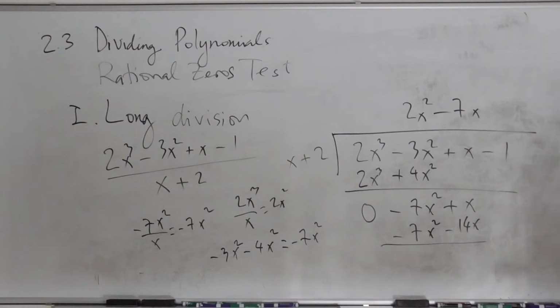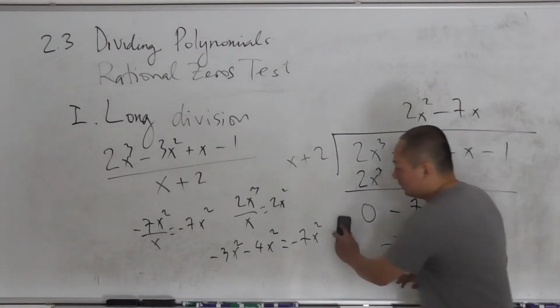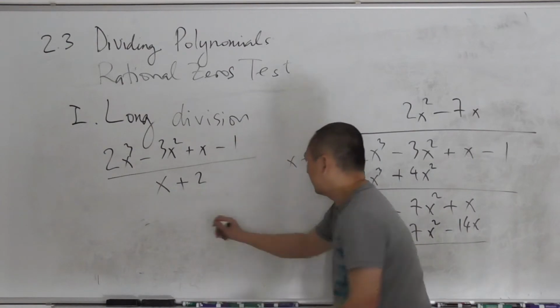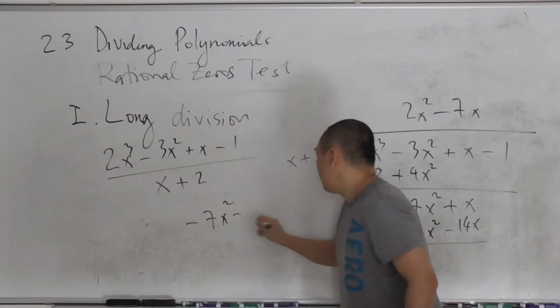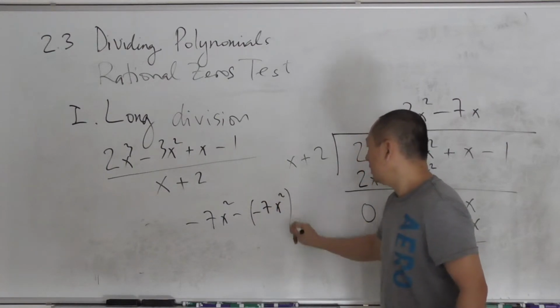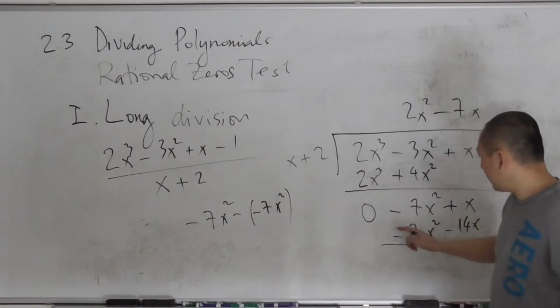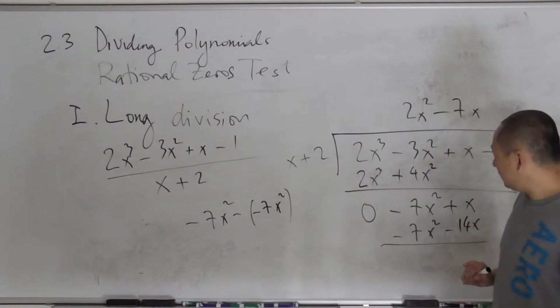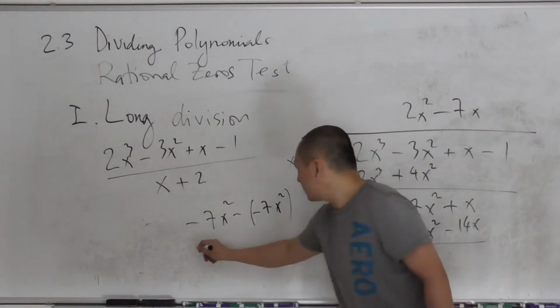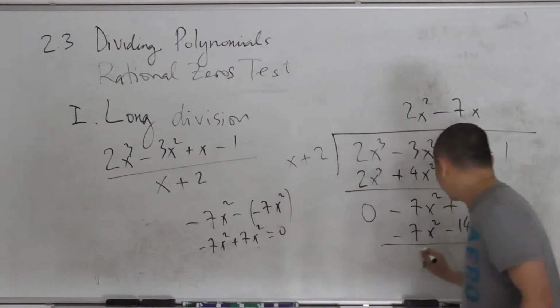And then I'll do subtraction again. Negative 7x squared minus negative 7x squared. This is where people usually make mistakes because they mess up with the sign. Negative 7x squared minus negative 7x squared is negative 7x squared plus 7x squared, and that is equal to 0.